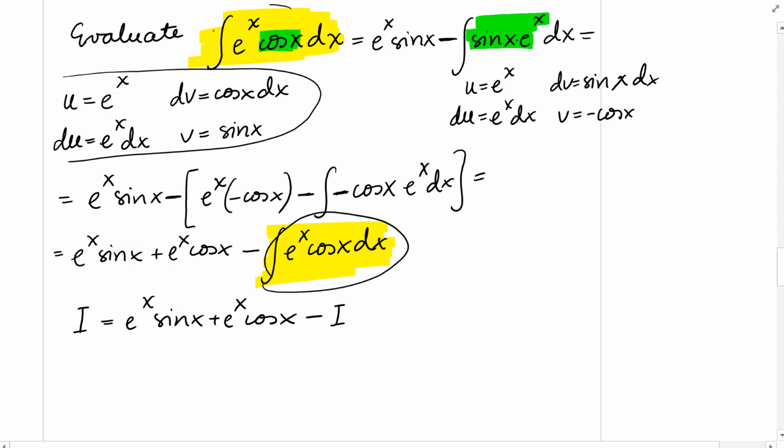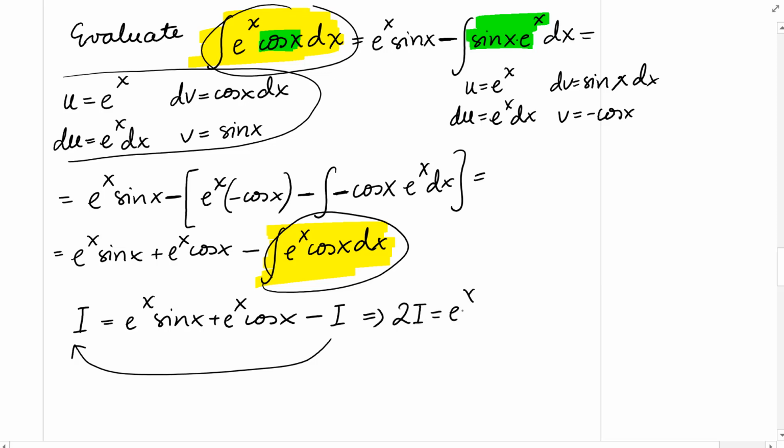So I rename this one as I. What does that mean? If I add an I, I get 2I equals e to the x sine of x plus e to the x cosine of x, or I is e to the x over 2 sine of x plus e to the x over 2 cosine of x.